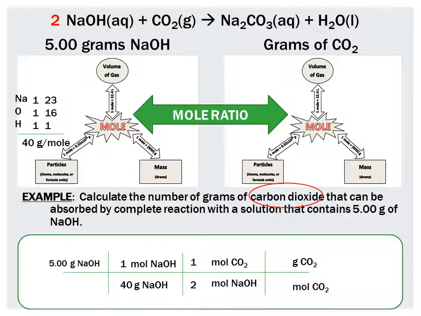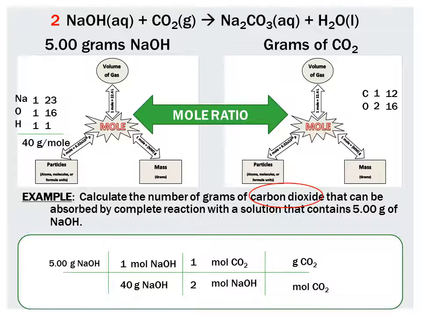Grams per mole is my conversion to cancel out those moles and get grams. This conversion factor is the molar mass, but now of carbon dioxide. So I have carbon and oxygen. I have 1 carbon and 2 oxygens. Carbon's molar mass is 12.